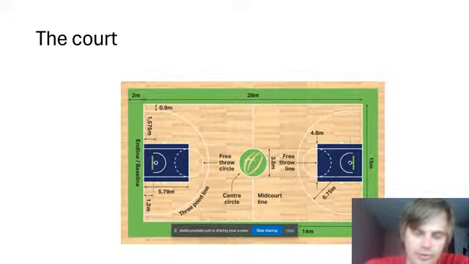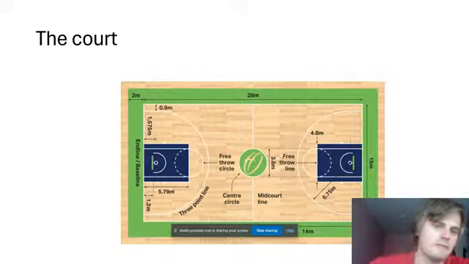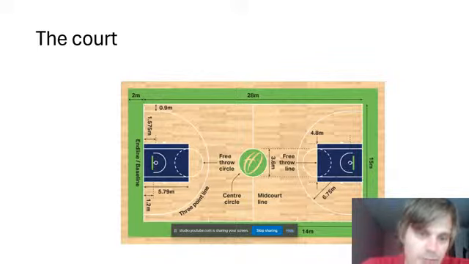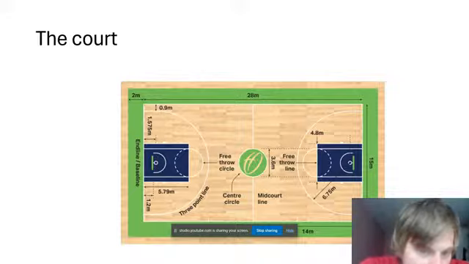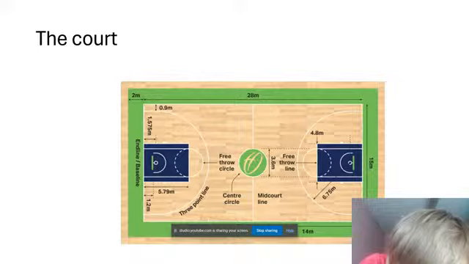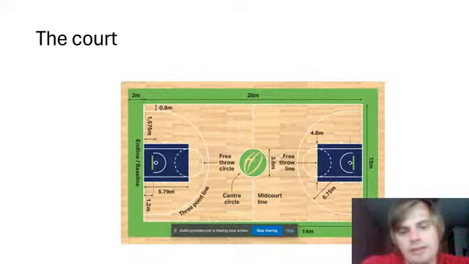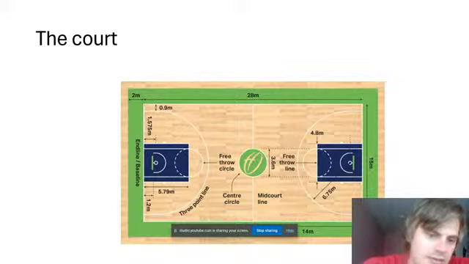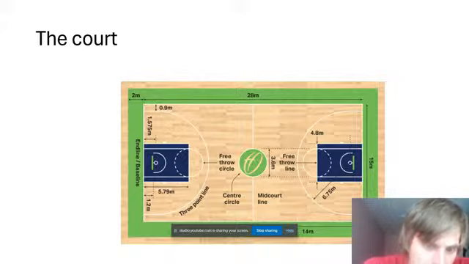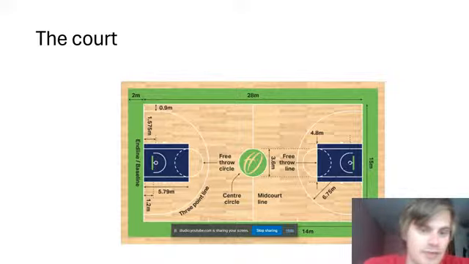We also have a free throw circle here, a key that's a painted area that's 5 meters and 79 centimeters long, with a distance of 1.575 meters between the middle of the hoop and the end line, and a 1.2 meter distance between the backboard and the baseline.